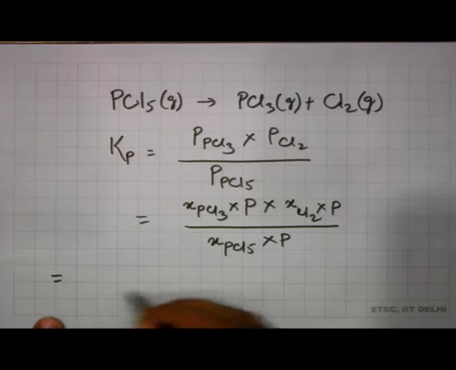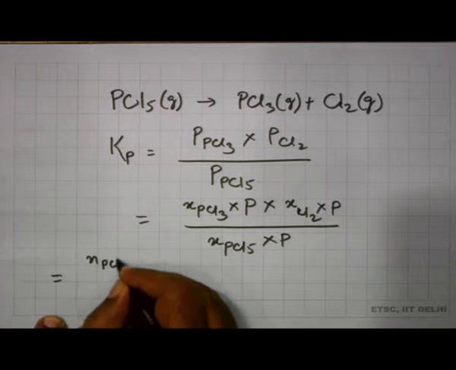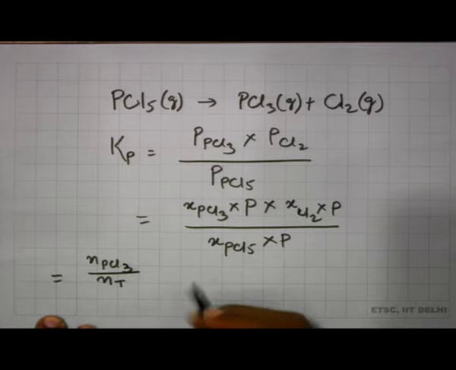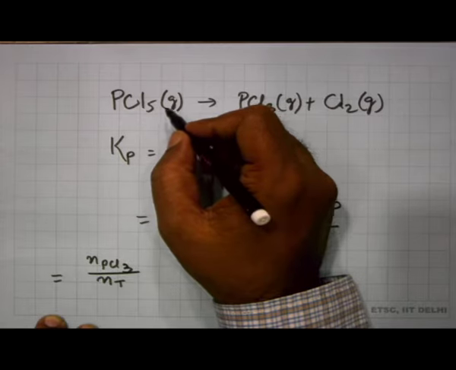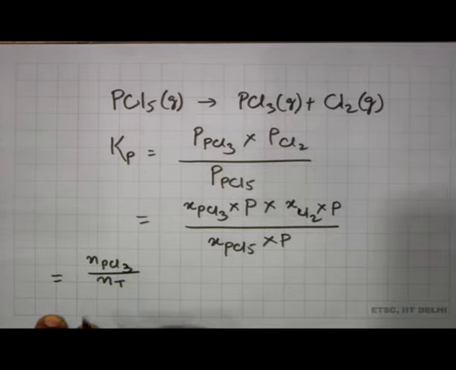Mole fraction can be written as N of PCl3 divided by Nt, where Nt is the total amount of gas, the total number of gaseous molecules. This includes not only reactant and product, but also inert gas.